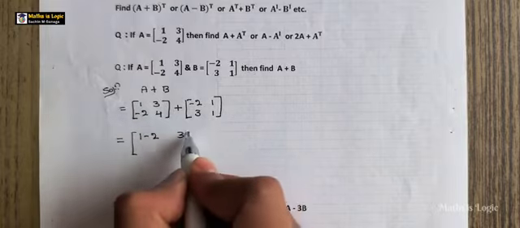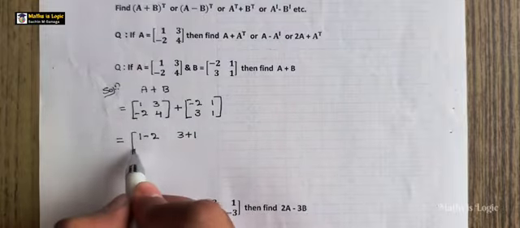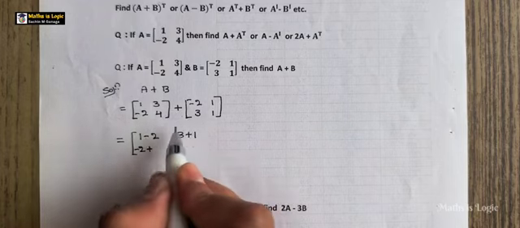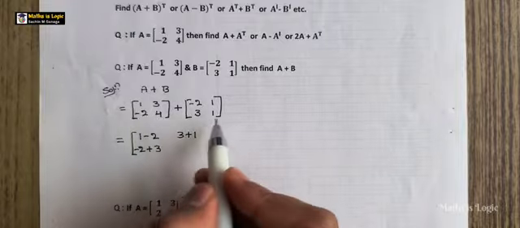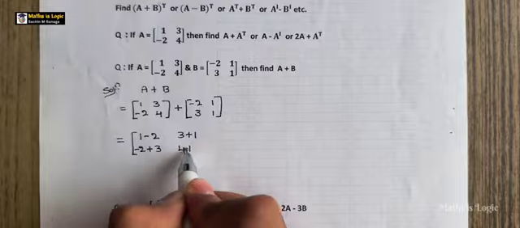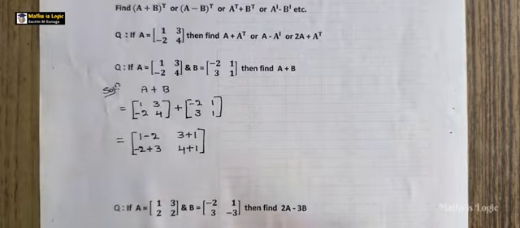Plus into plus is plus. Next number is 1. Next minus 2, third element. Plus into plus is plus. Next number 3, keep it as it is. Next fourth with the fourth element, 4, plus into plus is plus. Next number is 1. Close the bracket.